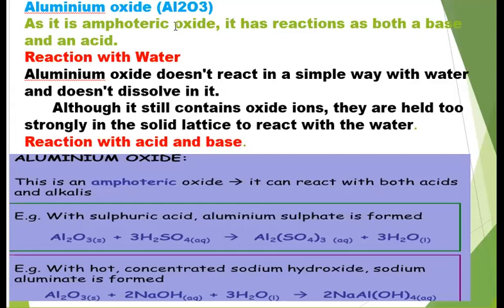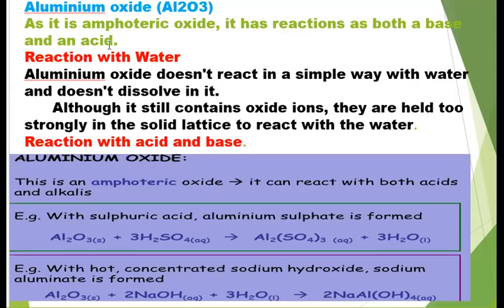Amphoteric oxide means that it shows the behavior of acid and base depending upon the reaction condition. That is, when it is reacted with acid, it acts as a base. When it is reacted with a base, it acts as an acid.